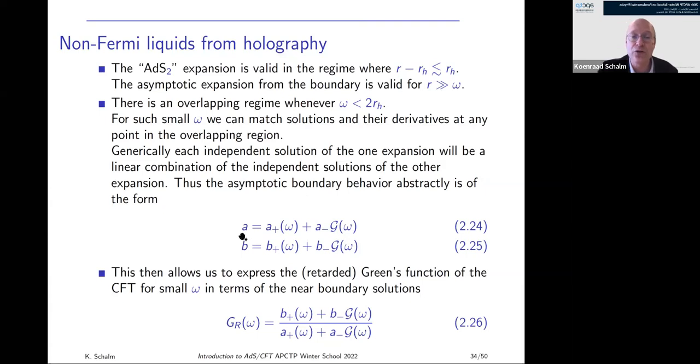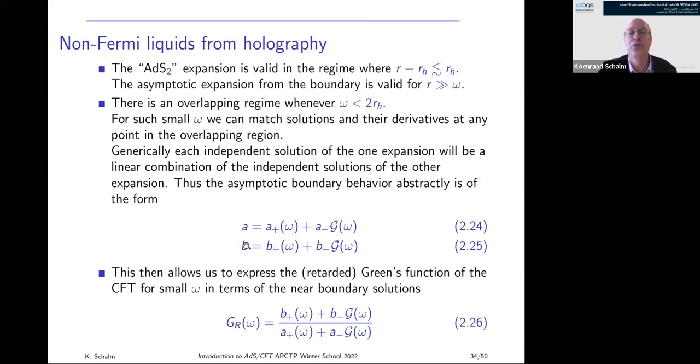So the solution that in the asymptotic AdS4 boundary is characterized by A must be a sum of the independent AdS2 solutions with some arbitrary coefficients A plus and A minus that you can determine by this matching.